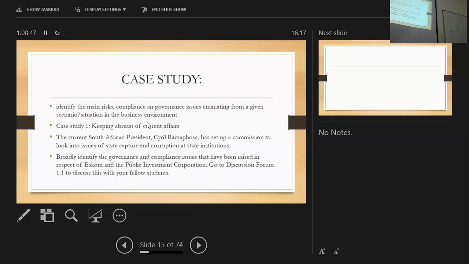So Cyril has done something, right? And what he has done is basically to set up a commission to look into issues of state capture and corruption at state institutions. So you cannot say Cyril has not done anything since he has taken office, right?